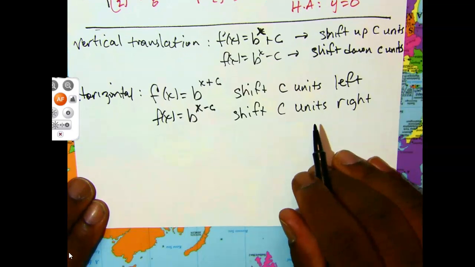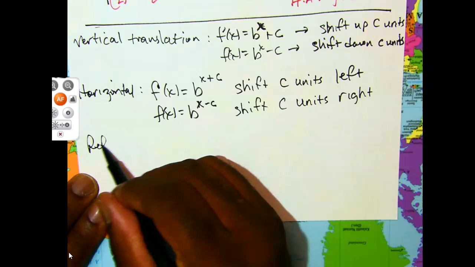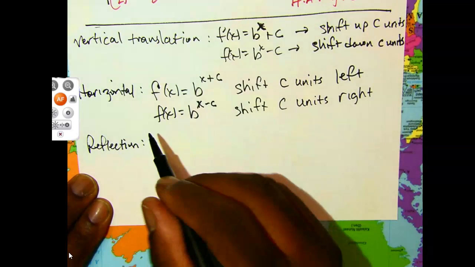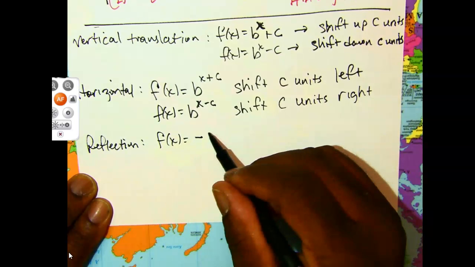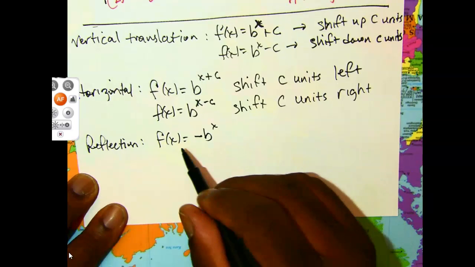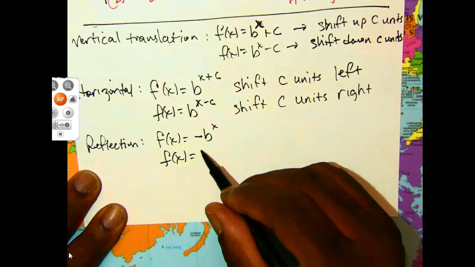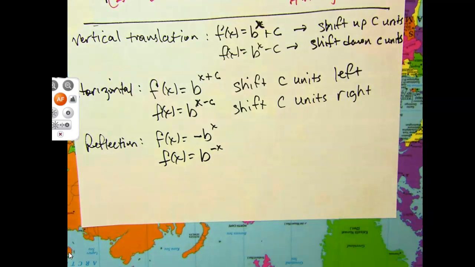Okay. Our reflection. So this one you have f of x is equal to negative b to the x, and f of x is equal to b to the negative x. So do you remember which one of these is a reflection over the x-axis and which one is a reflection over the y-axis?